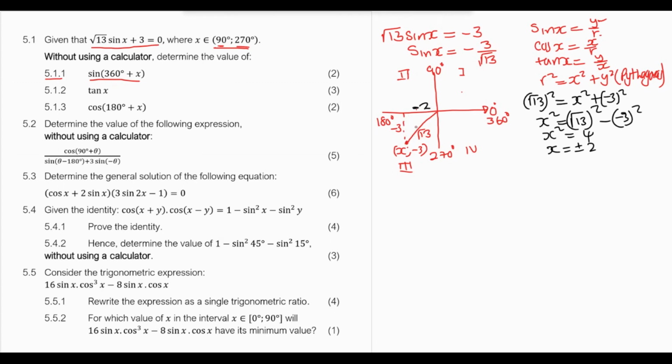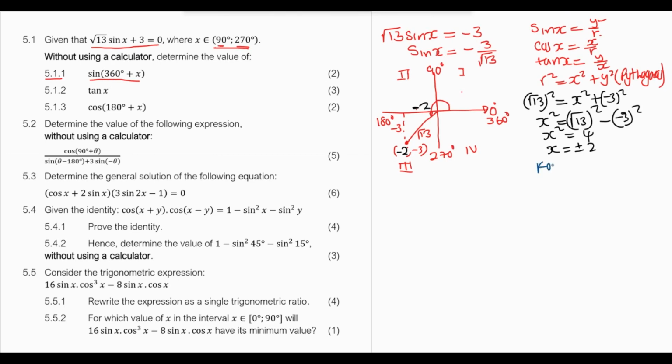Now we have all the values that we want. We have x, we have y, we have r. So x here is negative 2. 511 says sine 360 plus x. Something I want to remind you, these are angles above 360 degrees or angles greater than 360 degrees.